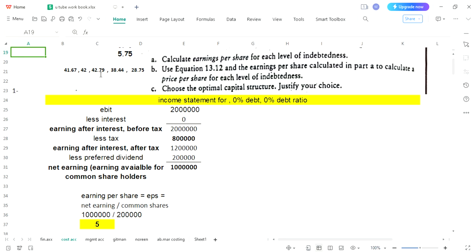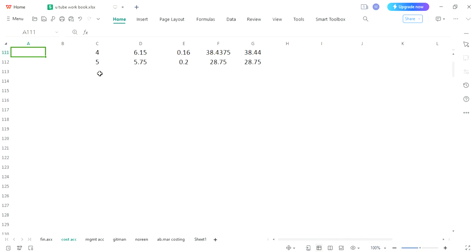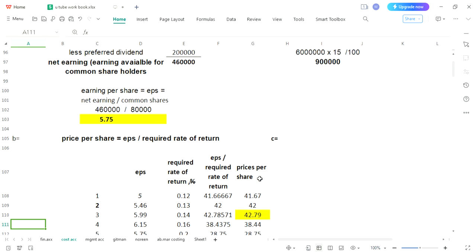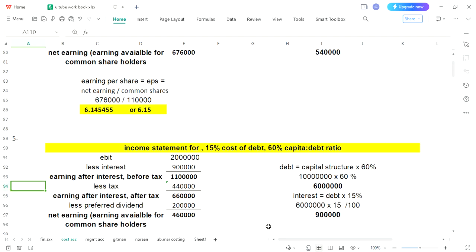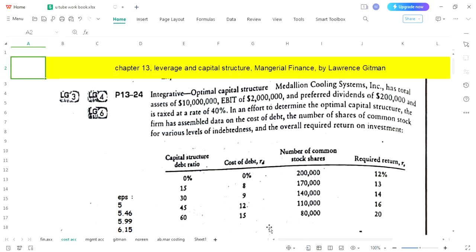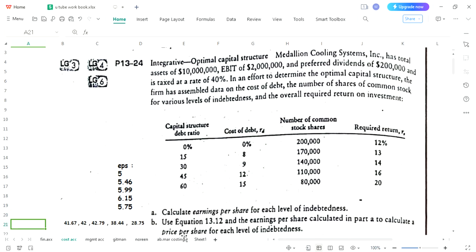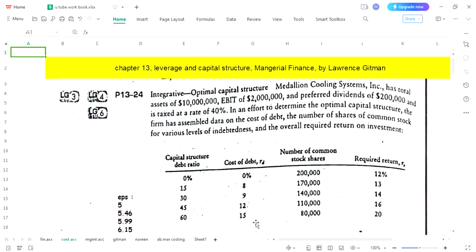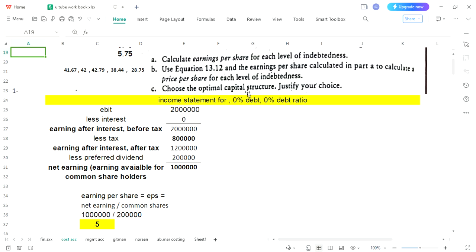And for third 42.79, and fourth part is 38.44, and we have got 38.44. Your last answer is 28.75. In this way B part is also completed, and C part was saying to choose the optimal capital structure.